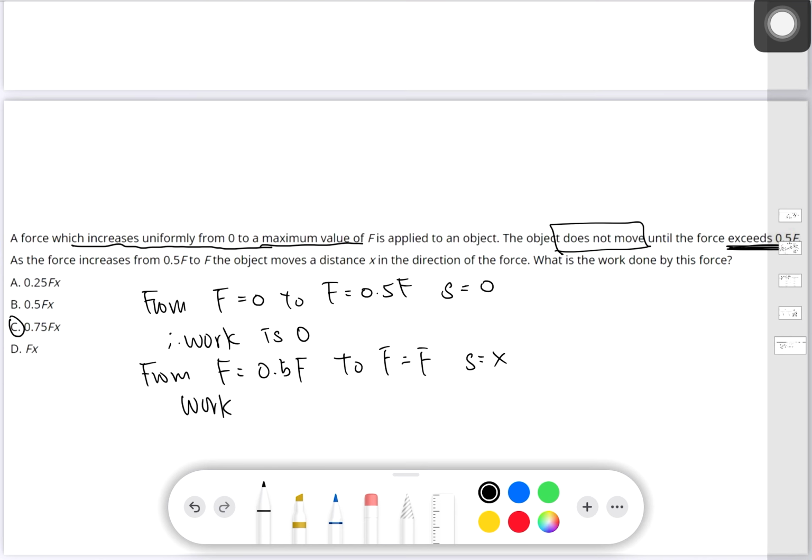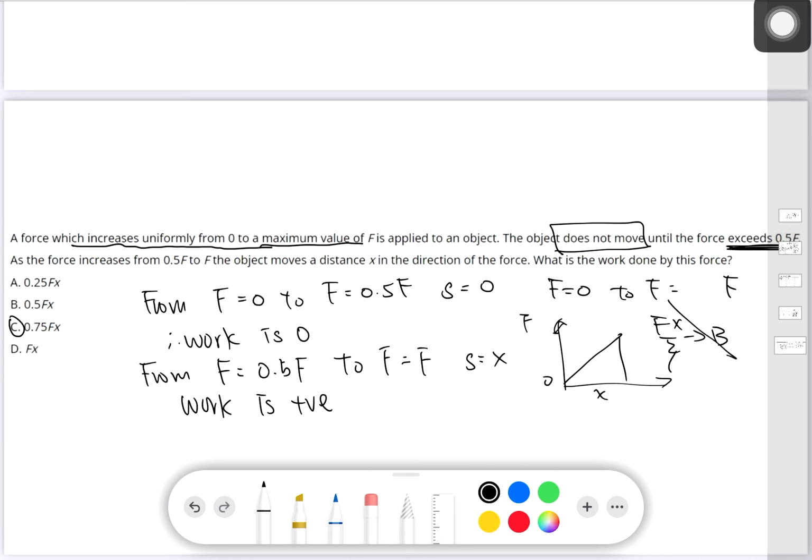Therefore, work is positive. So many students would go from F equals 0 to F equals F. They draw a diagram, this is F, 0, x, and the conclusion they get is that it's Fx over 2, or B, which is not true.